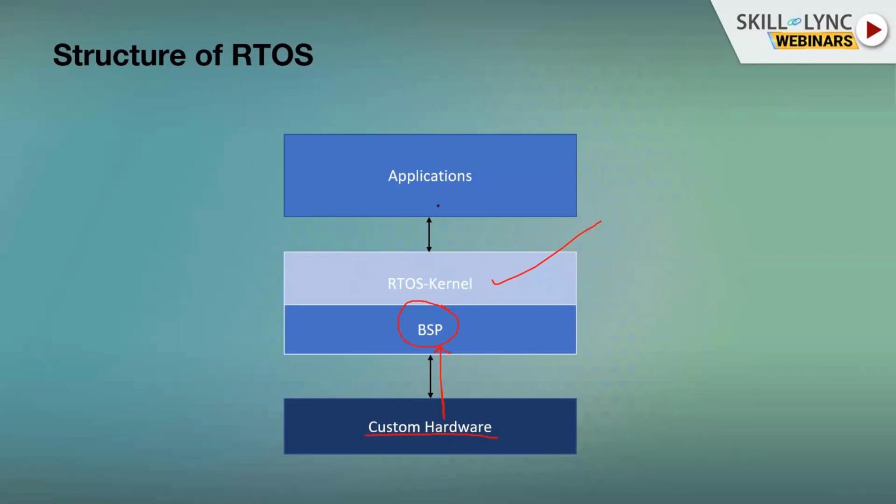The application is a dedicated task defined in this RTOS. I may have n number of tasks running in the system, and we manage all these tasks through a memory management unit and then execute them on this particular hardware.